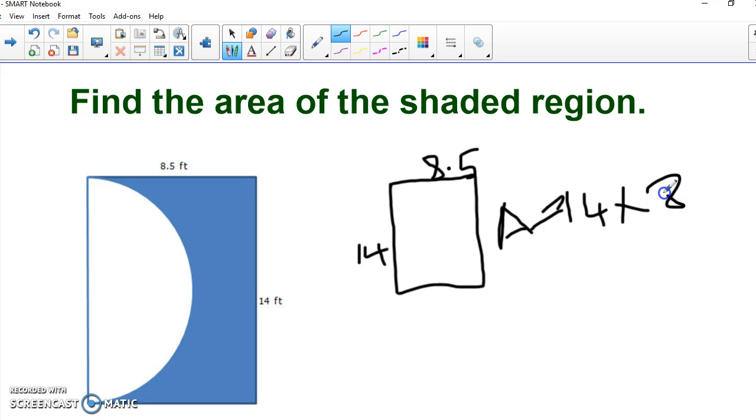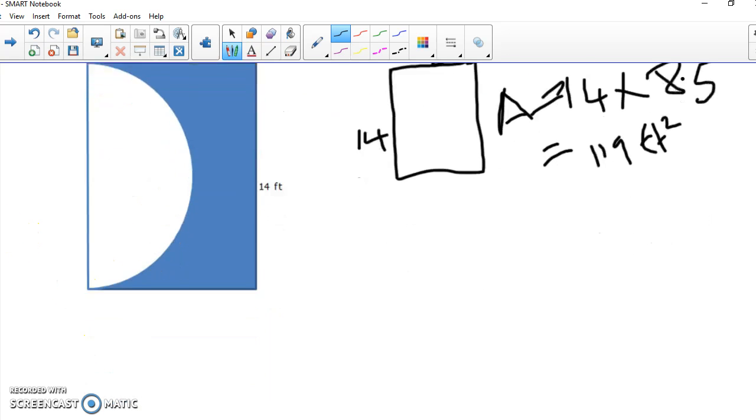That is 8.5 times 14. Let me use my calculator here, you'll get 119 feet squared. And that is the area of the rectangle, which includes this unshaded area of the semicircle.